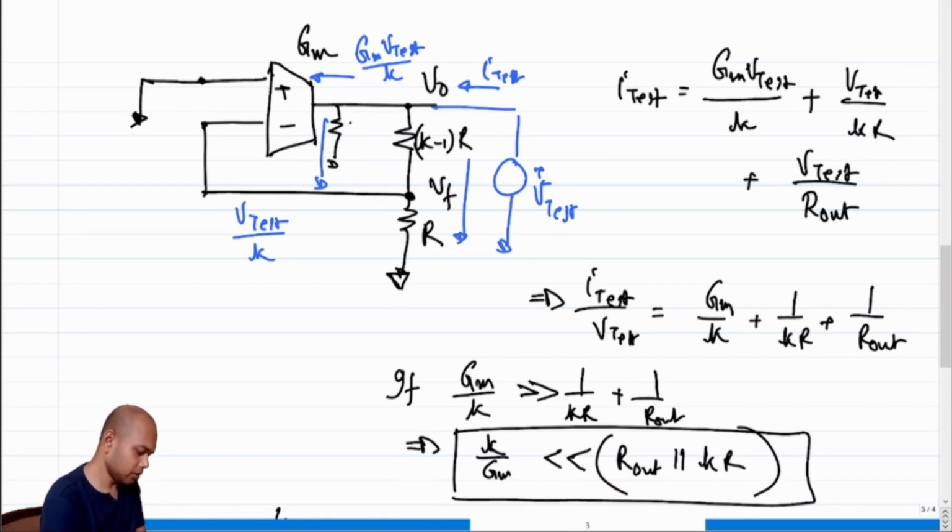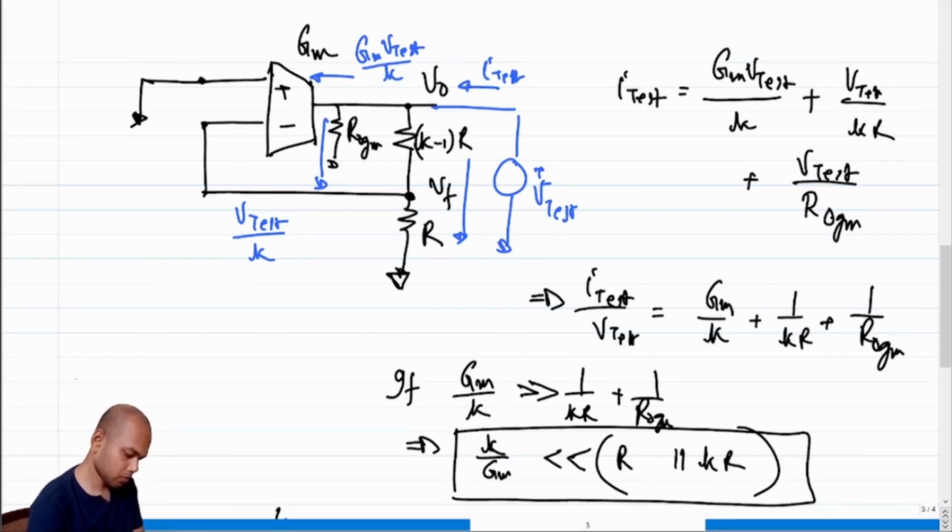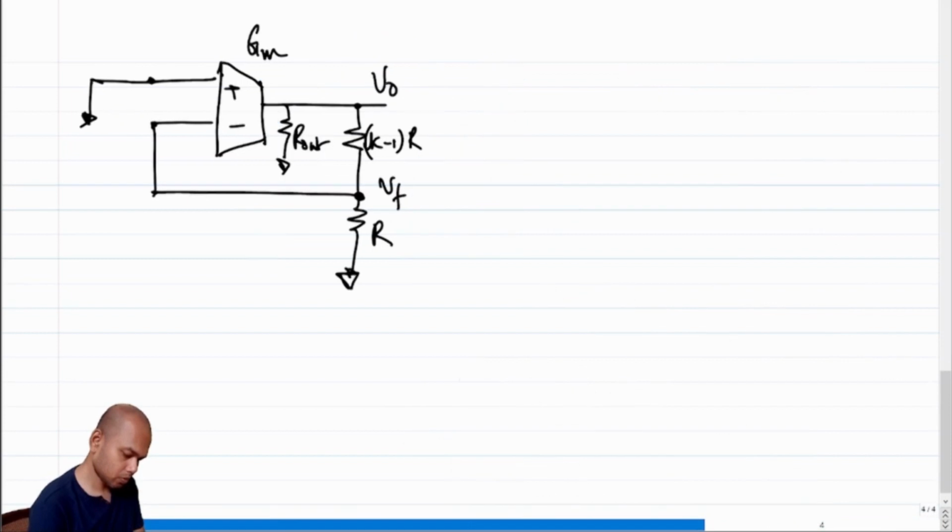So this is ROGM, because R out of the entire block should be called R out. So what is the output impedance of this?